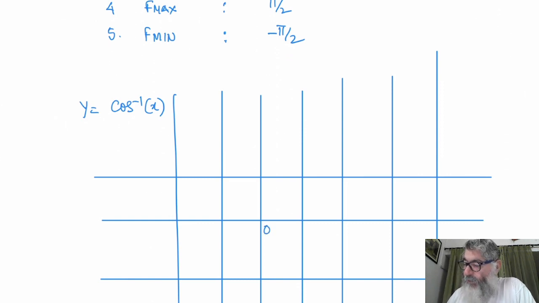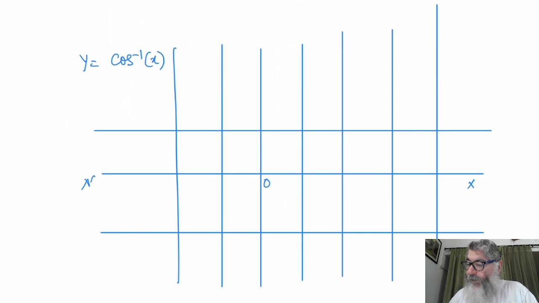This is x dash. Then we have this line +1, -1. This is pi by 2, minus pi by 2, pi, minus pi, 3 pi by 2, 2 pi.